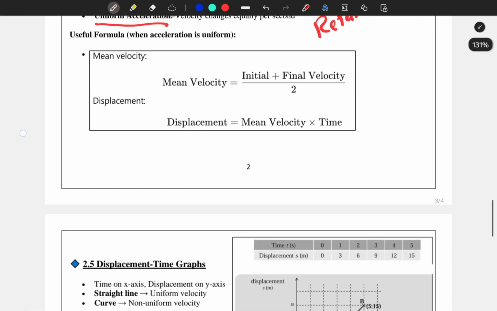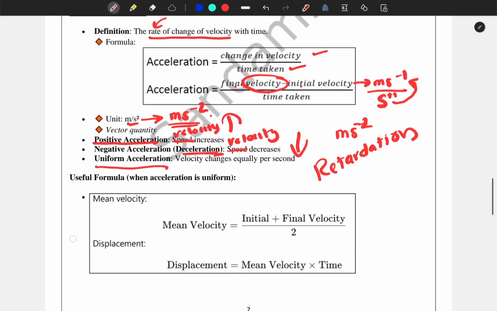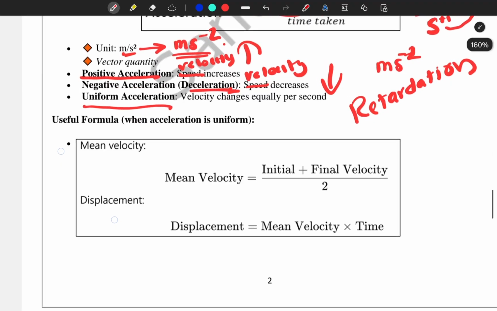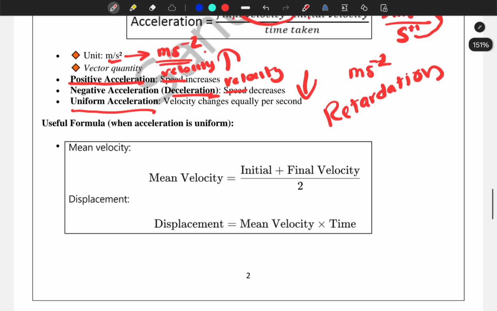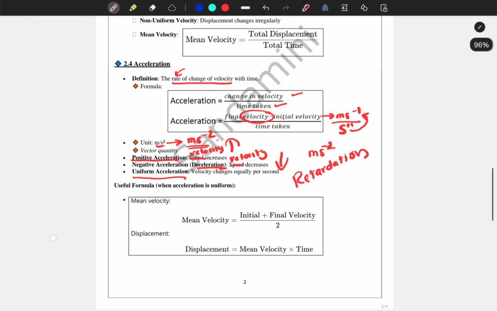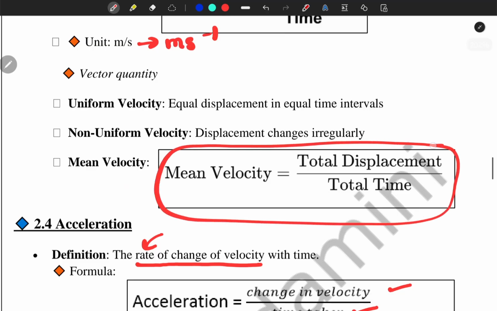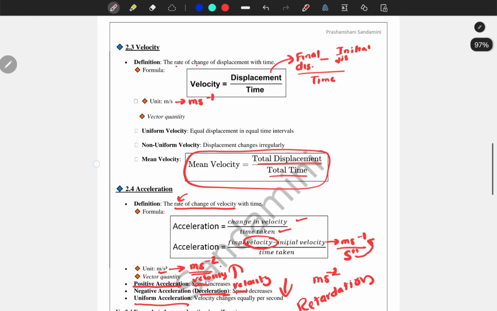ඒකෙත් දැනගන්න ඕන තව formulas දෙකකුත් තියෙනවා. Instead of these two, අපිට mean velocity හොයන්න දැනගන්න ඕන. හරිද? When you find the mean velocity previously, you got the total displacement divided by total time.